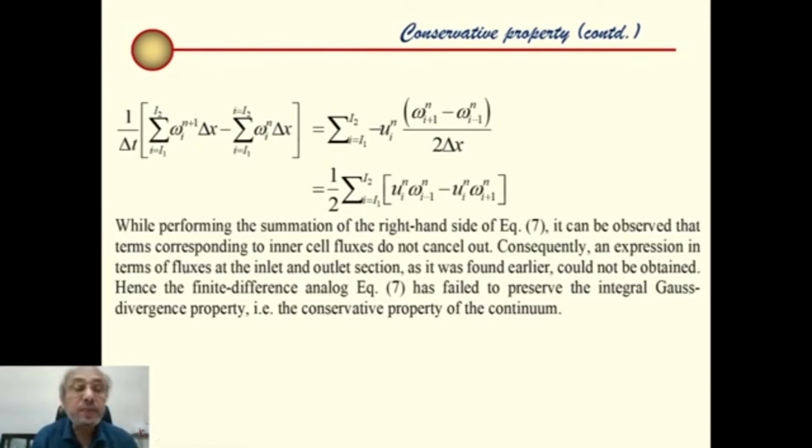Consequently, an expression in terms of fluxes at inlet and outlet section, as it was found earlier, could not be obtained. Hence, finite difference analog of 7 has failed to preserve the integral Gauss divergence property, that is, conservative property of the continuum.